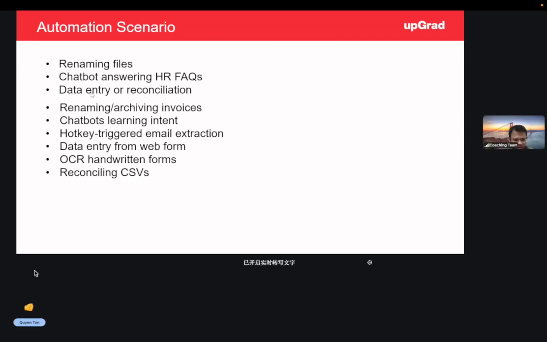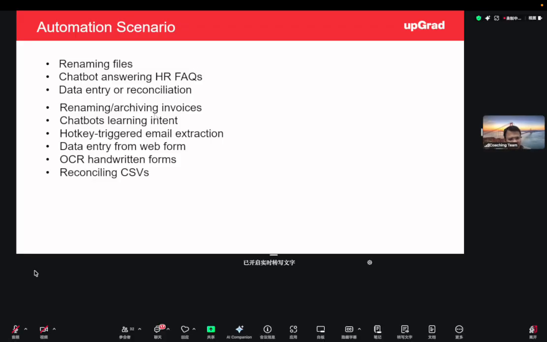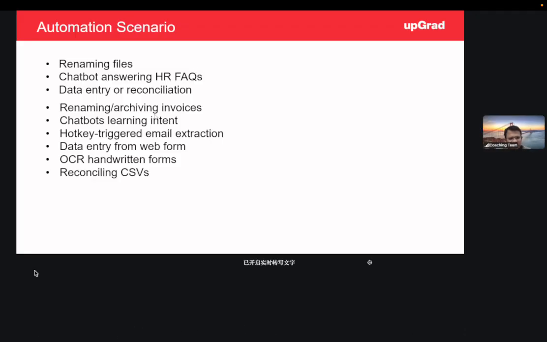Right. So I think when we try to answer these bullet points, which automation is suitable for these categories, the picture will be more clear. Starting with, say, renaming files. What do you think? Which type of automation is suitable here? Similarly, a chatbot which is answering FAQs, then data entry, renaming invoices, a chatbot that is learning intent. So try to answer these one by one.